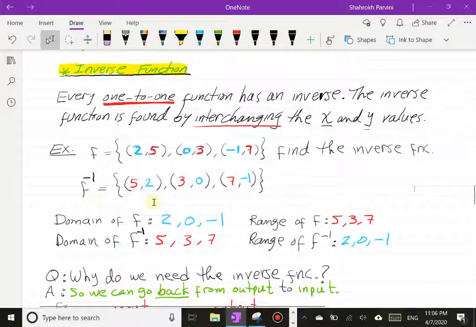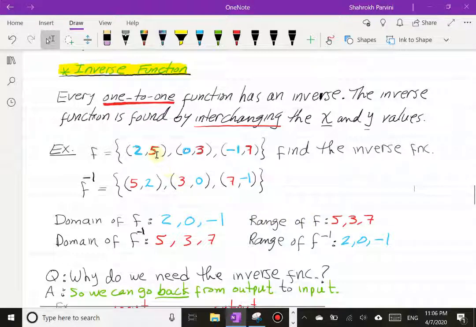Now, if we think about the domain and range of these two functions, this is interesting. Domain of function f: remember, domain is the set of all x's, the first numbers. These are the blue numbers, 2, 0, -1. What's the range of the function?